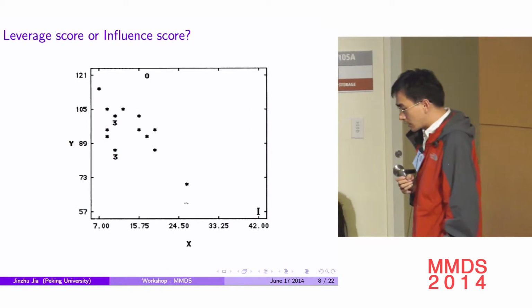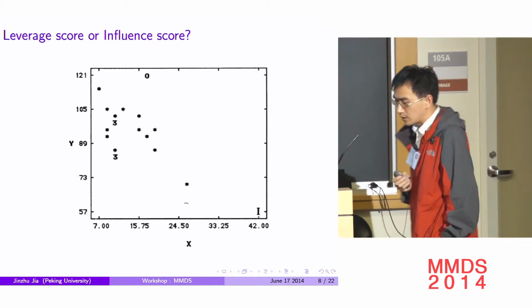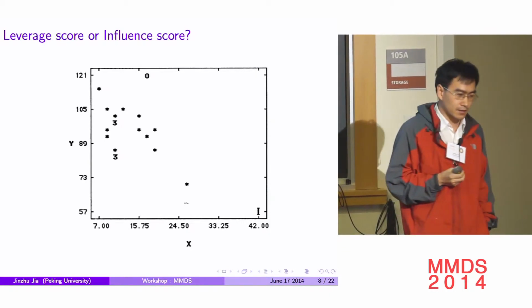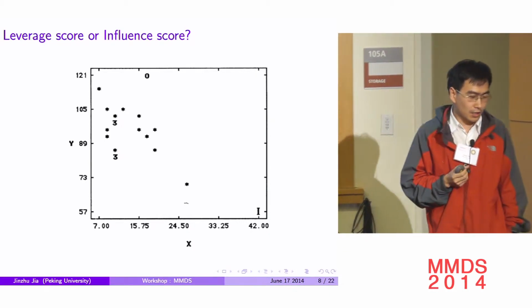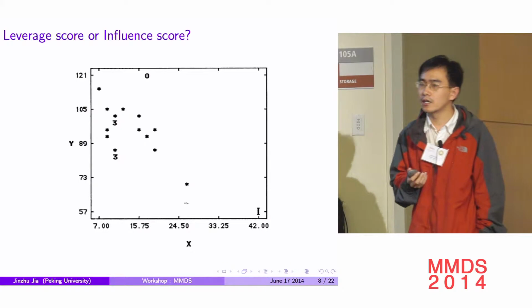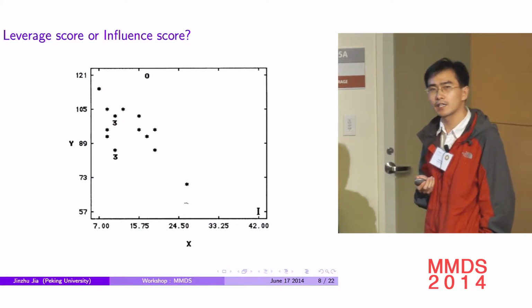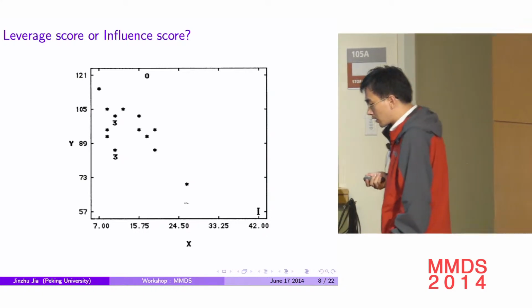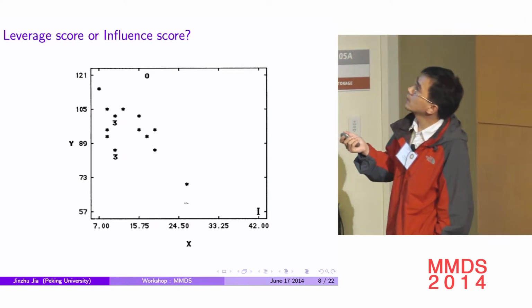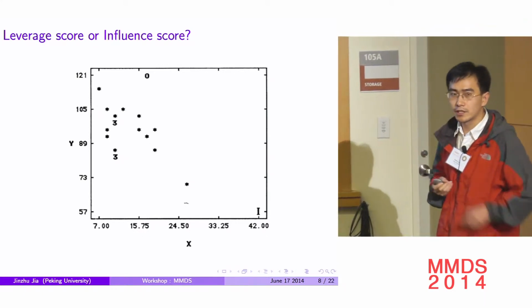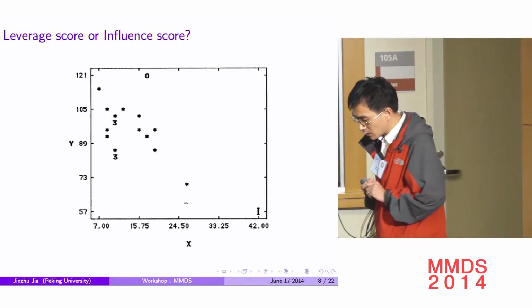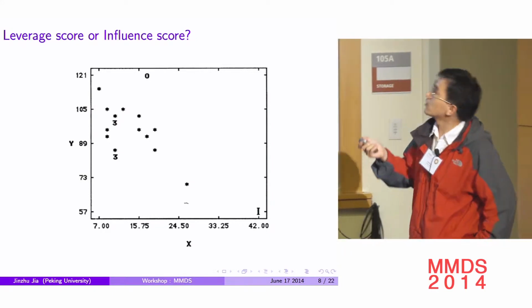We all know that leverage score is a concept used in robust statistics. It is a criterion to see whether a point is likely to be an outlier or not. There is another criterion to see whether a data point is an outlier or not, called the influence score.